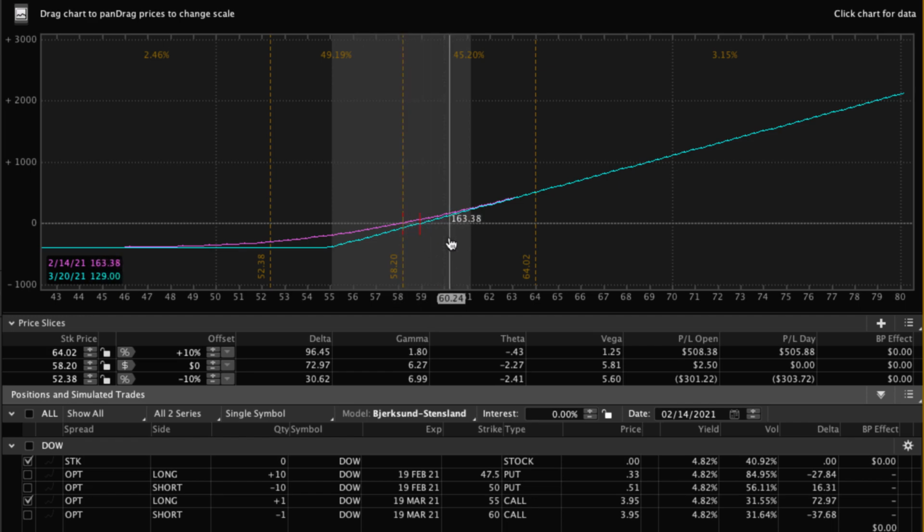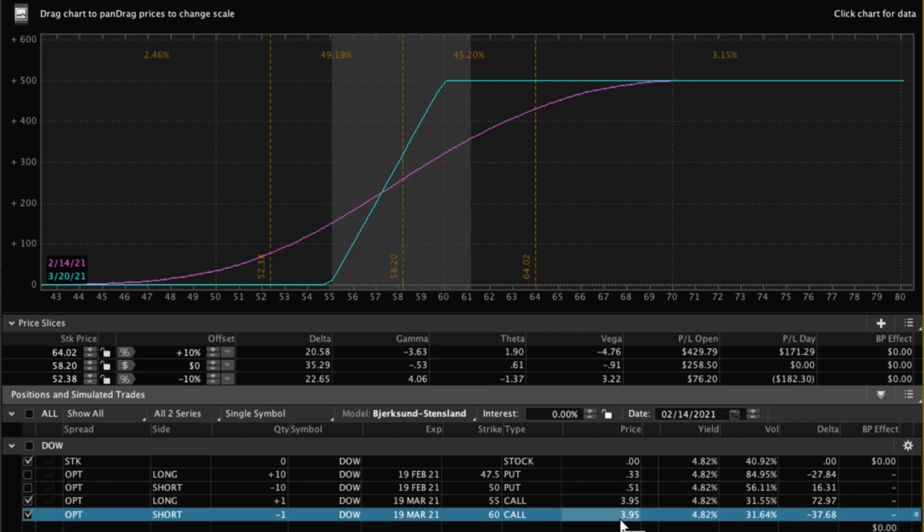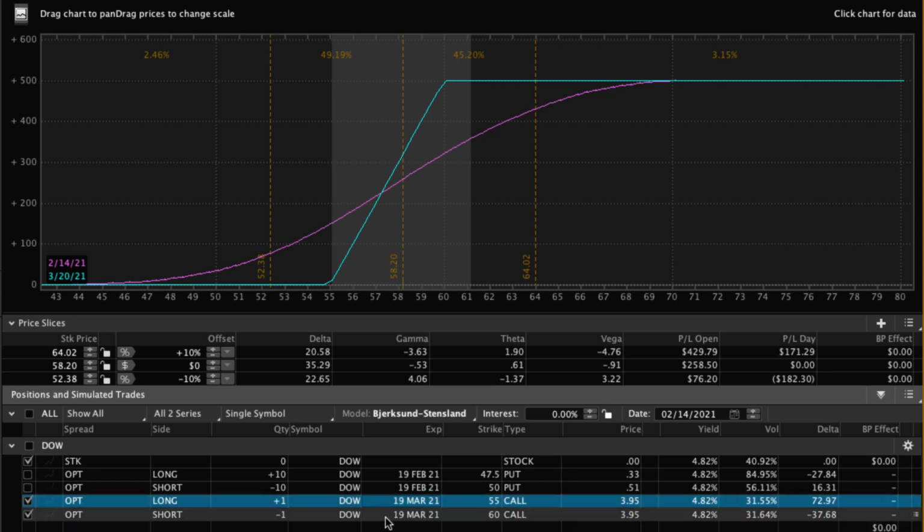Right now this chart doesn't show you the proper price because we are further down in time, but back then it reached this level, so this became active. I sold a contract. I received $395 premium for a promise to sell DAO at $60 until the 19th of March, the same expiry date, and that made my position risk-free.